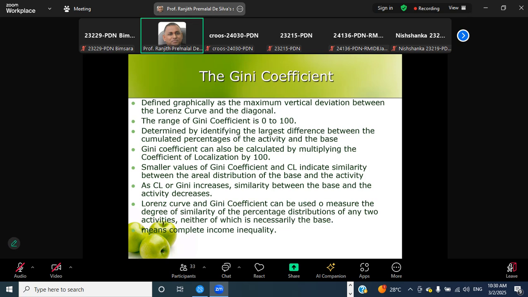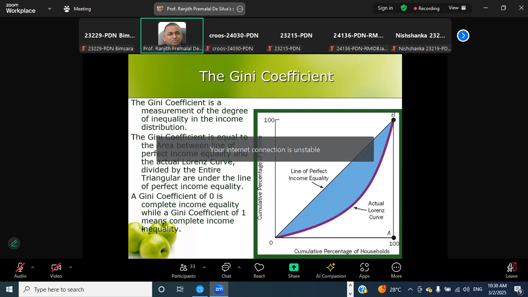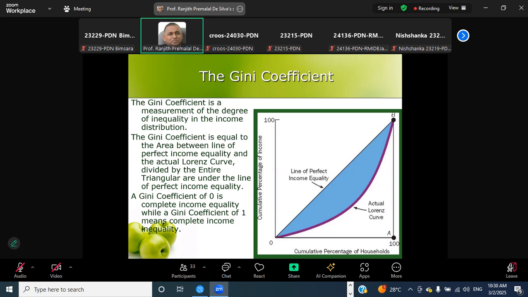So 100 means Gini coefficient, straight line. Then you have the actual Lorentz curve. If you look at the maximum difference between these two, you can get the Gini coefficient.